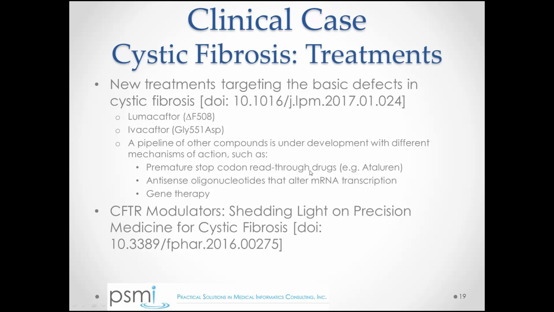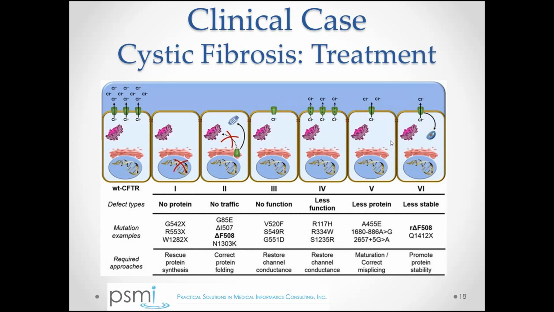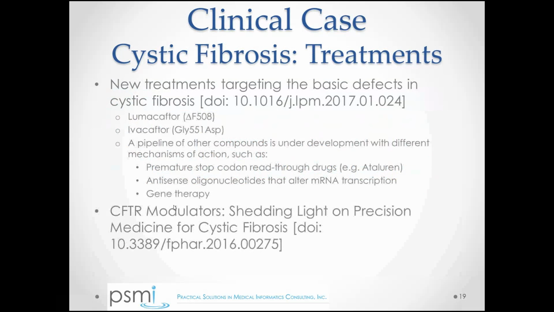There are drugs that will facilitate the ongoing transcription past the point of the premature stop codon. Here, where you have, for instance, class 5 mutations in cystic fibrosis where you have less protein, or a class 4 mutation, or you have no protein in class 1 because of a mutation that results in a stop codon, then these premature stop codon read-through drugs may have an effect.